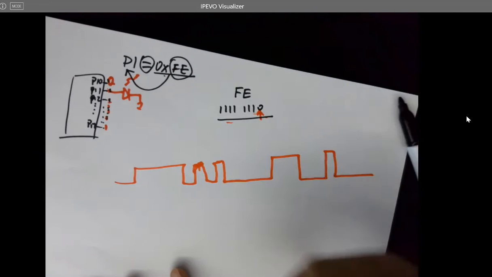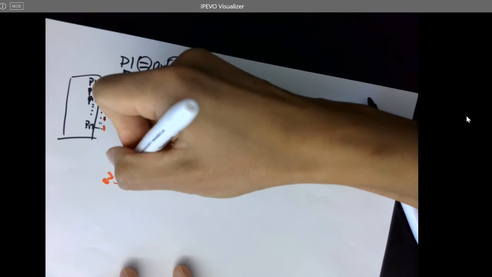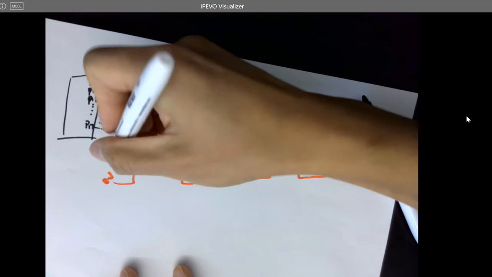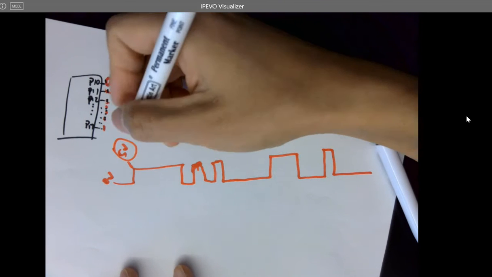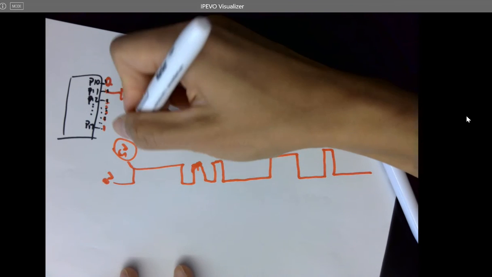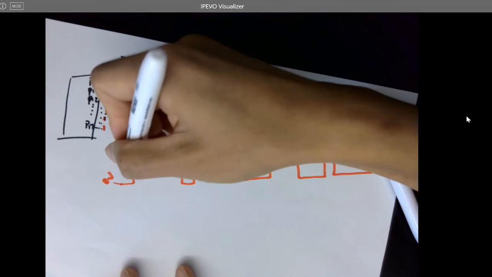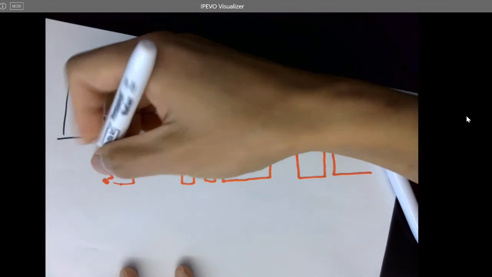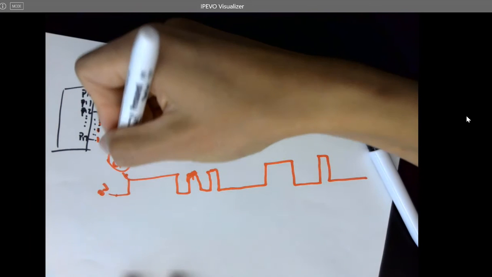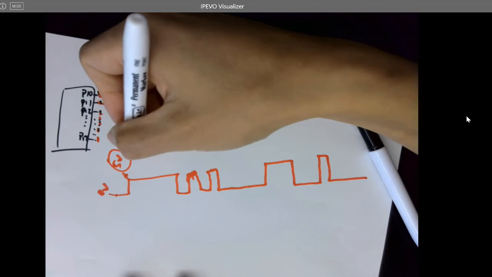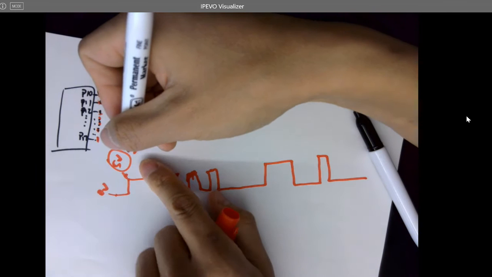And that's it. So this is 0 volts. This is the power supply, which can be 5 volts, can be anything else. But we define the high voltage, or logic high, as logic 1. So it's all 0 and 1. So 0 volts ground is definitely logic 0, but logic 1 won't always be 5 volts.